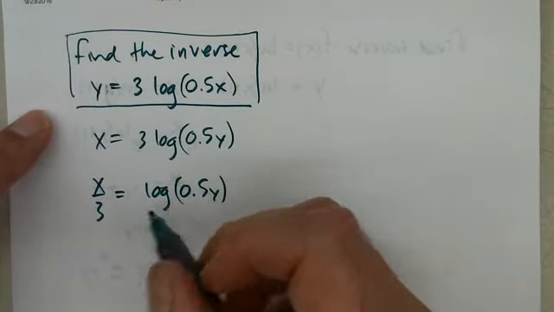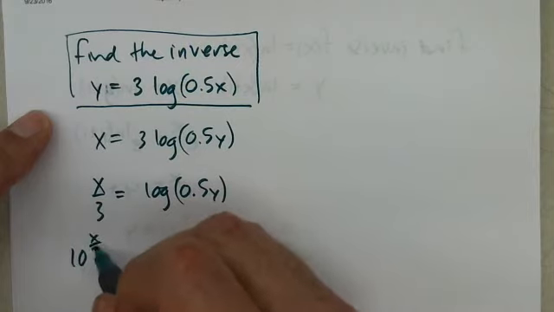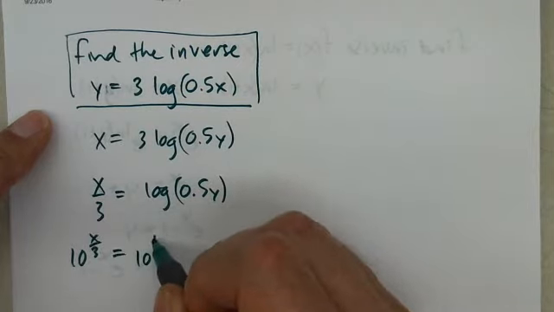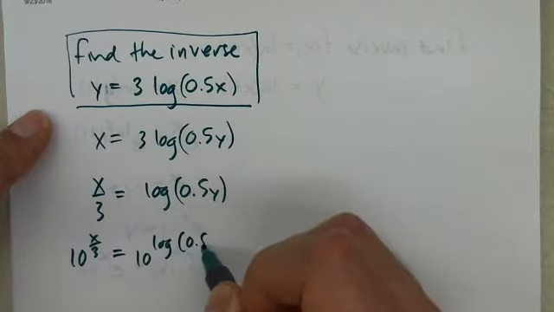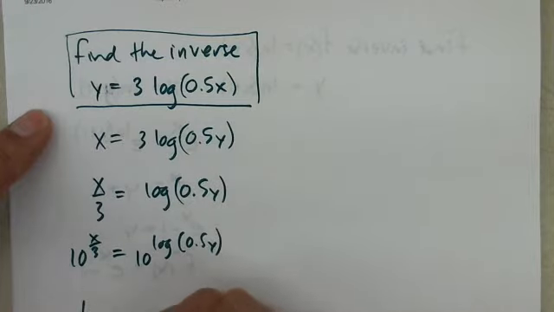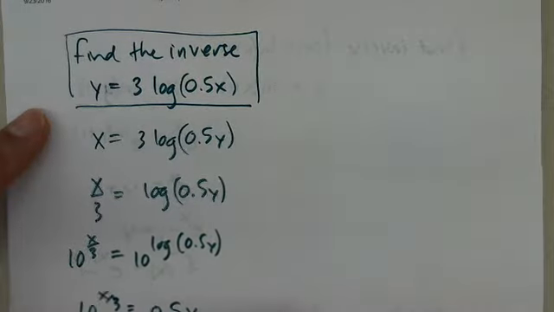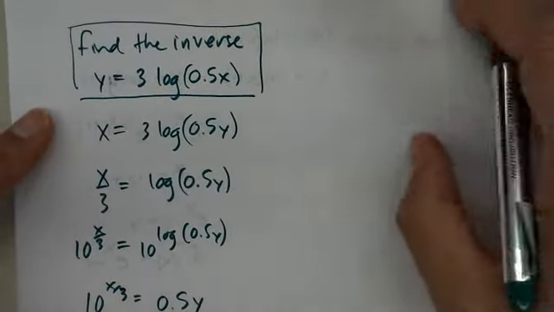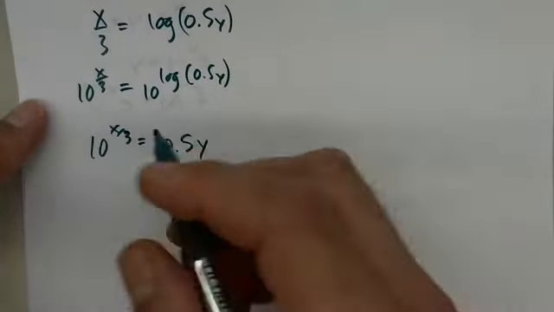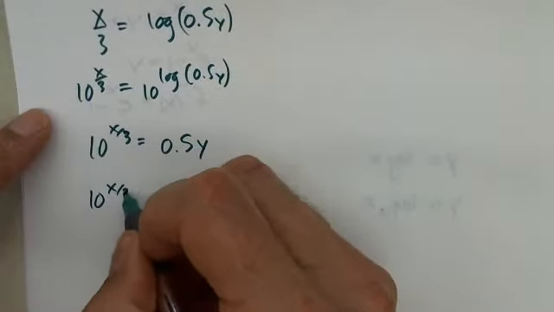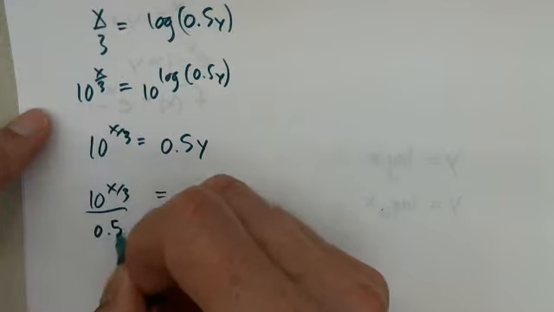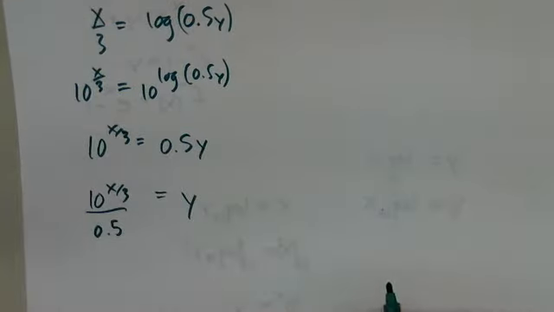This is base 10, so we'll go 10 to the x over 3, 10 to the log, 10 to the x over 3 is 0.5y, and we'll just divide by 0.5. There's the inverse.